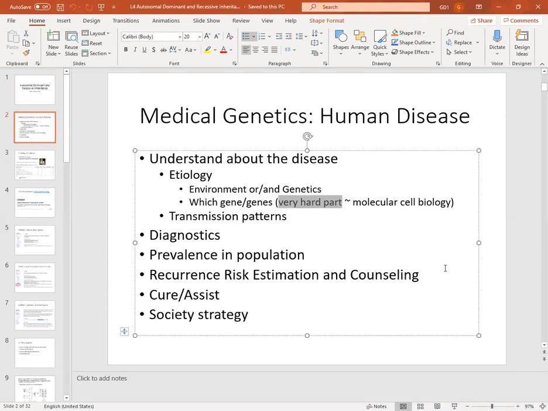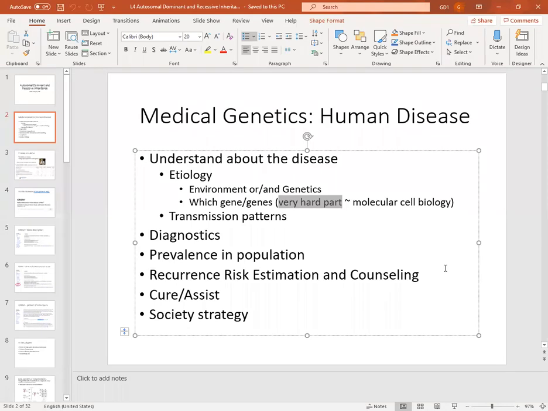You are thinking about this new disease, and you don't know if it's because of genetics, and the environment has no factor, or does not have a big impact on the disease outcome. So if you think it's because of a gene, but which gene?